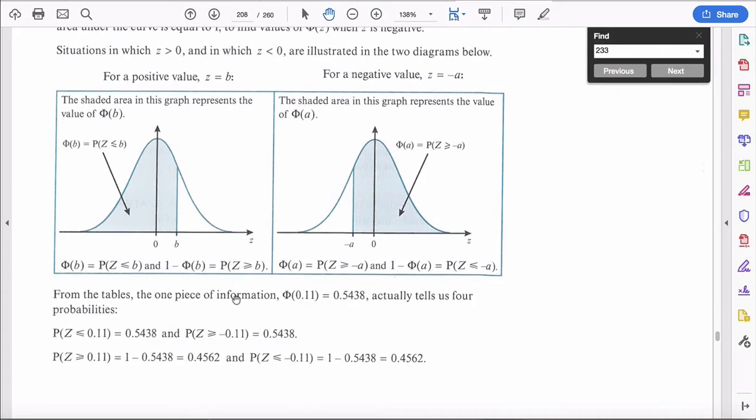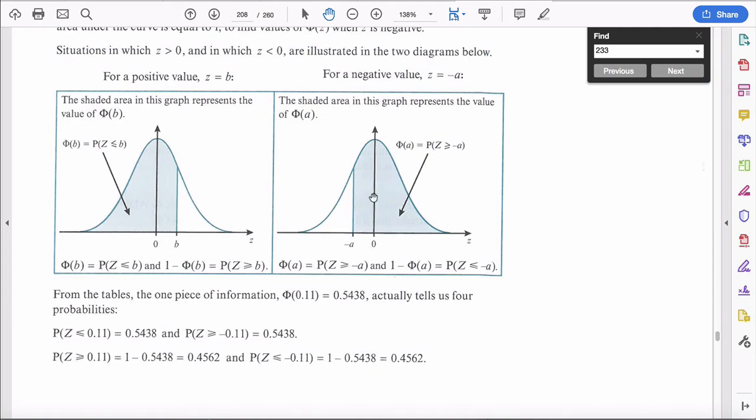Now another point that you need to learn, that table on page 222 never gives you the value for negative numbers, but we know that our graph is symmetrical, so we use this property. When it says probability of z greater than a negative number, do you see this region?